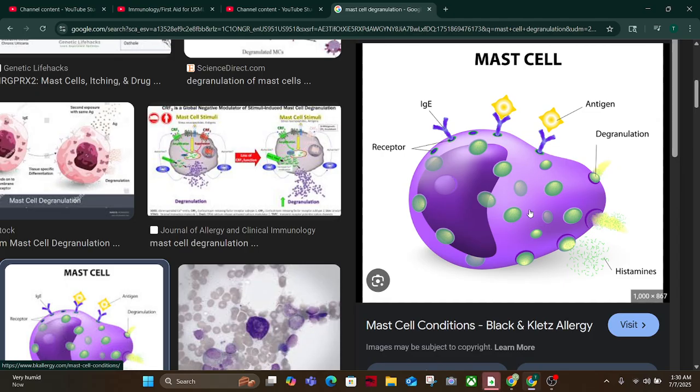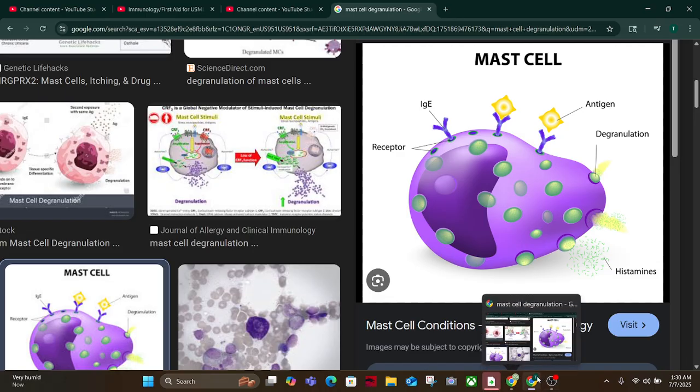Late phase of type 1 hypersensitivity. This later phase will happen 4 to 24 hours later and involves mast cell release, like mast cell releasing leukotrienes and cytokines. Okay.